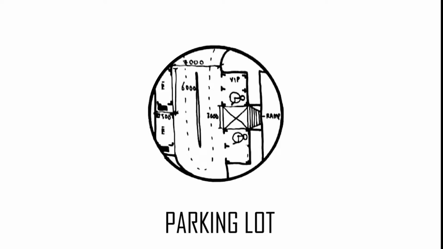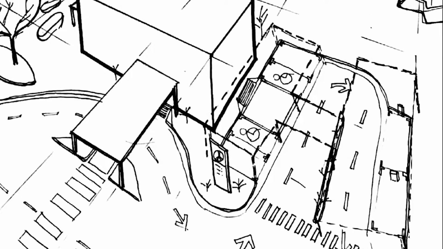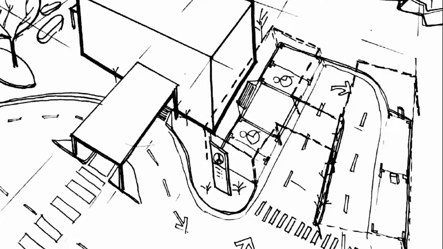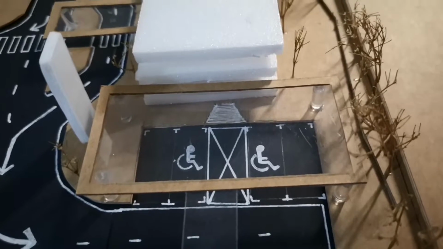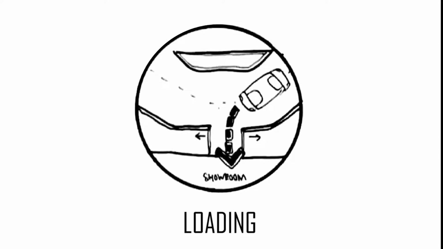Basically all the parking slots are normal size, which is 6 meters by 2.5 meters. For the disabled parking, we have a 3 meter by 6 meter transfer area for them to go into my building, and there's also a ramp so they don't have to climb stairs. Next, it will be the loading.